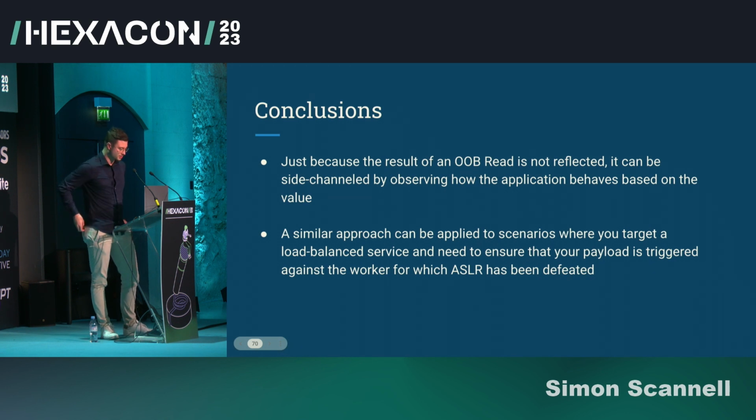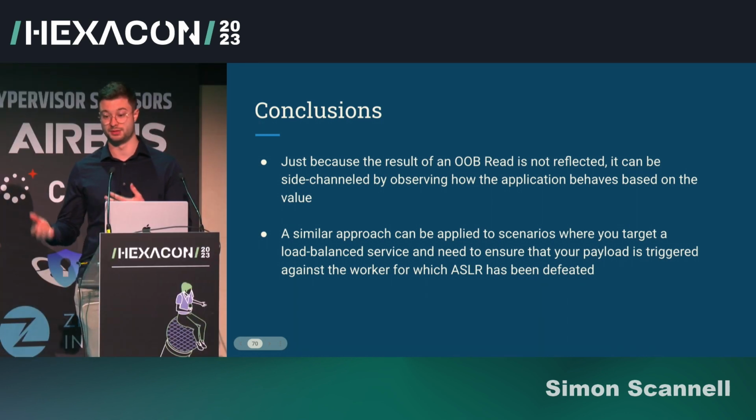To get to the conclusions: just because the result of an out-of-bounds read is not directly reflected, it can still be side-channeled by observing the behavior of the application based on the value. This approach can also be used when you target a load-balanced service.